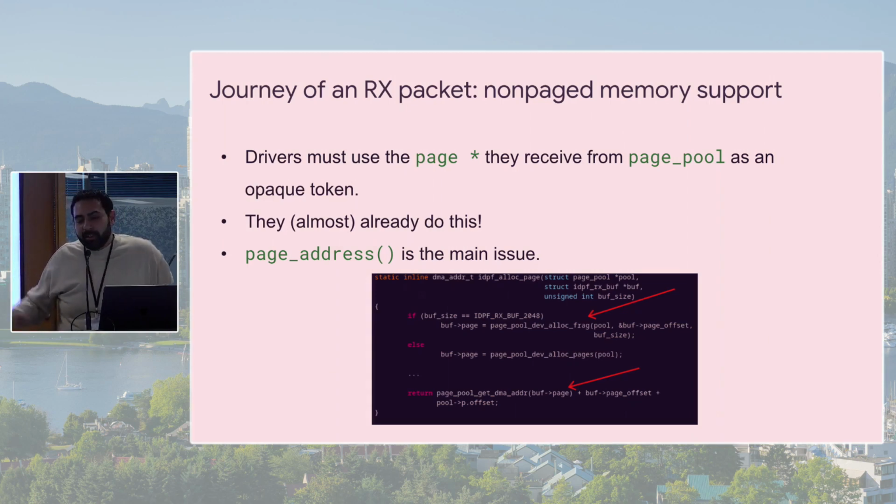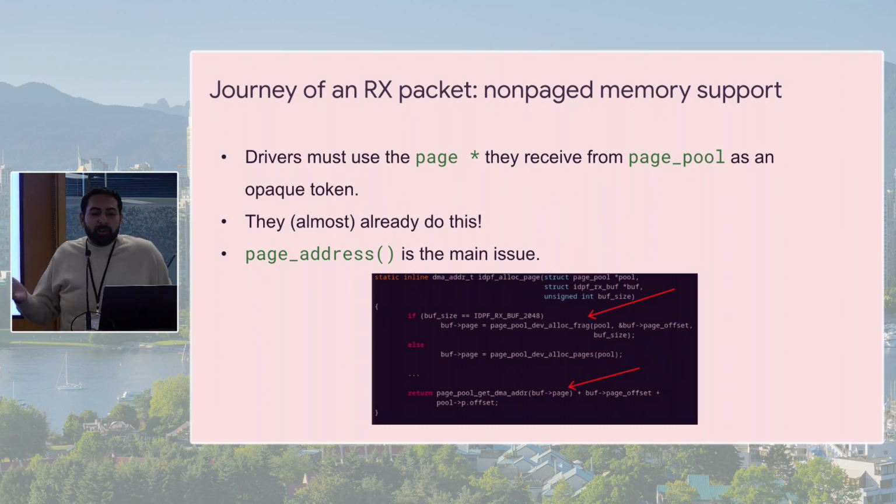This is an example from the IDPF driver that was recently merged, where it's allocating a page from the page pool, and it could get the DMA address from the page, no problem. But I think it's recommended to go back to the page pool and say, hey, you get me the DMA address in case there's something funny going on.